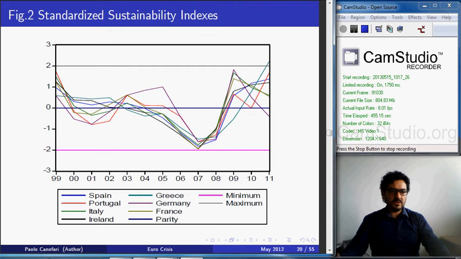So we can compute the index in our sample period starting from 1999 to 2011. We standardize this index in order to identify an upper and lower bound equal to plus or minus 2 times the standard deviation of this index.